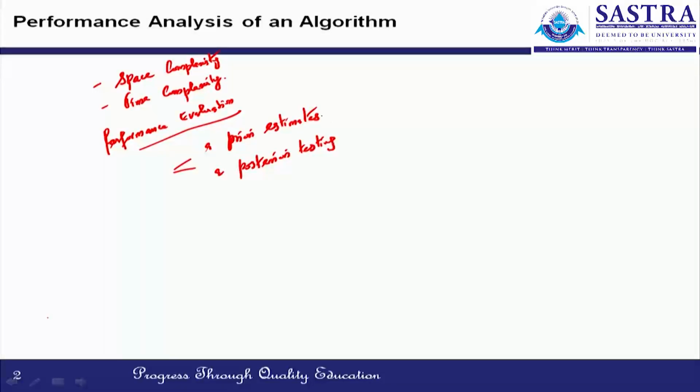A priori estimates means the performance analysis. A posteriori testing means the performance measurement.